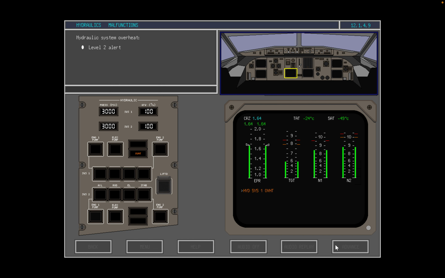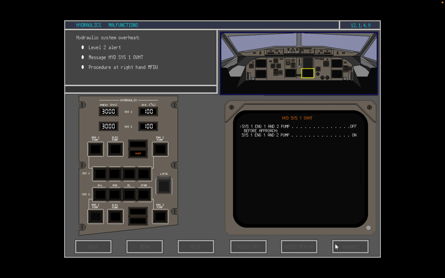In the event of a hydraulic system fluid overheat in Systems 1 or 2, a Level 2 alert is generated. For an overheat in System 1, the message Hydraulic System 1 Overheat will appear at the primary page of the MFDU. The procedure for this alert is given at the secondary page of the MFDU, and the local annunciator Overheat illuminates at the hydraulic panel.